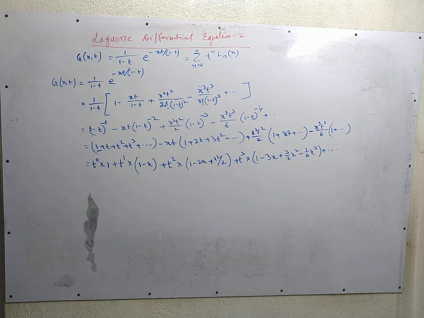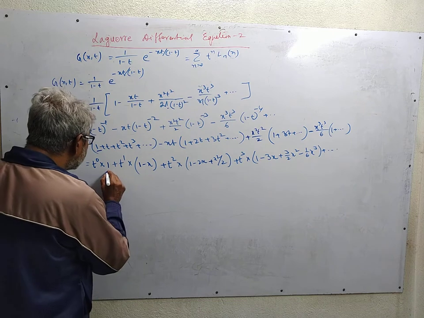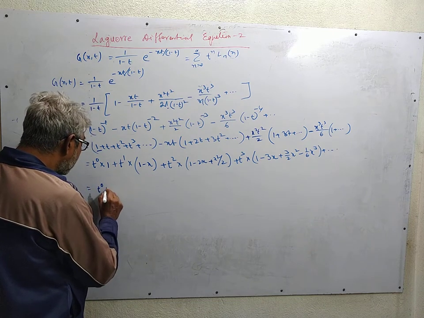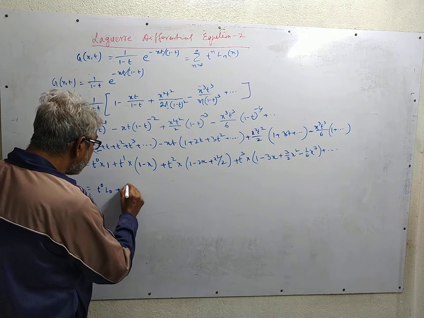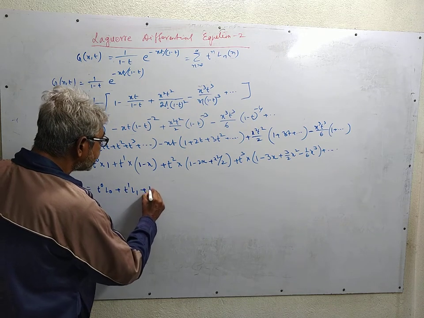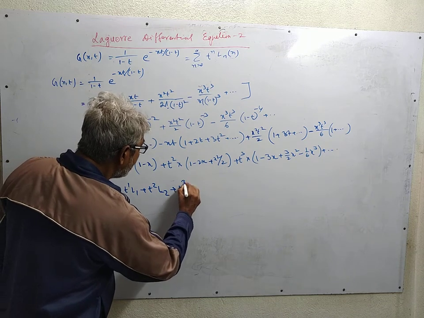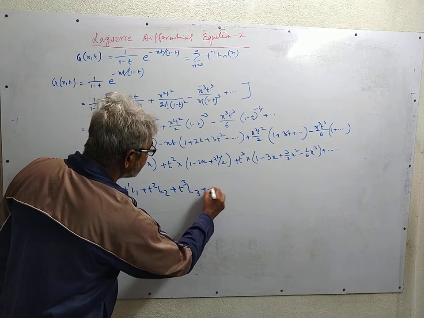So we can identify this one with L0, since this is equal to t to the power 0 L0 plus t to the power 1 L1 plus t square L2 plus t cube L3 and so on.